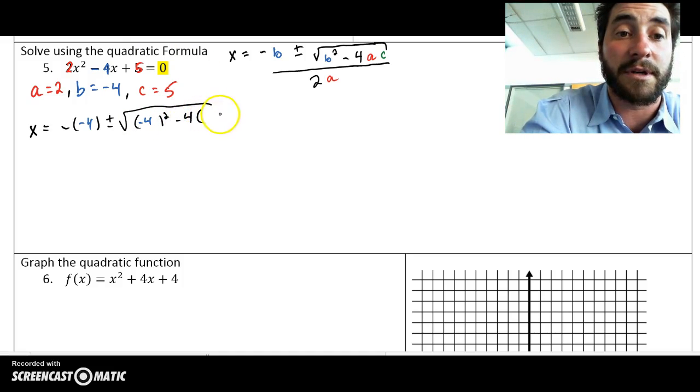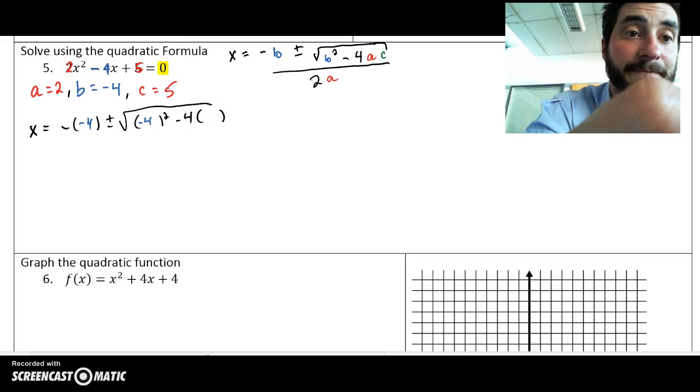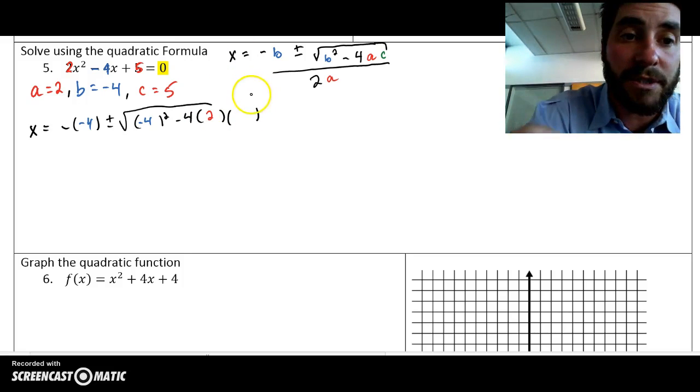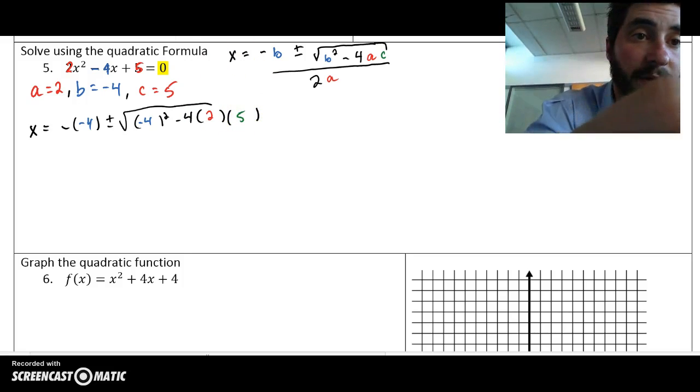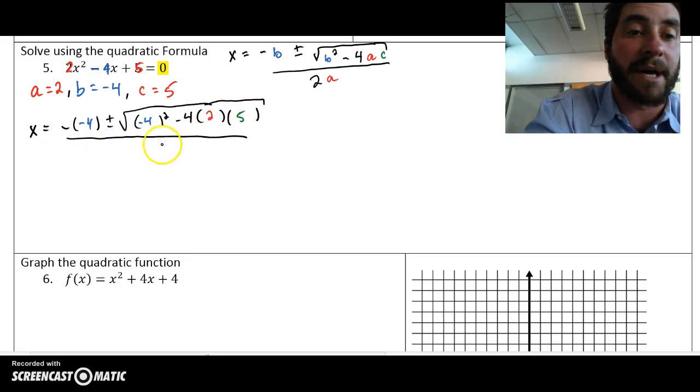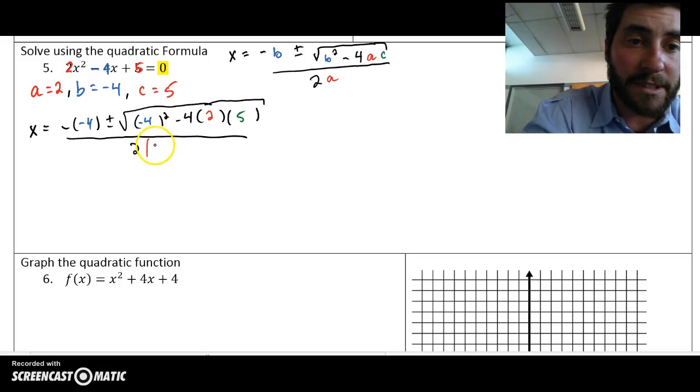Minus 4 times a, which is 2, times c, which is 5. Let's extend the square root. And that's all divided by 2 times a, I'm sorry, which is 2.